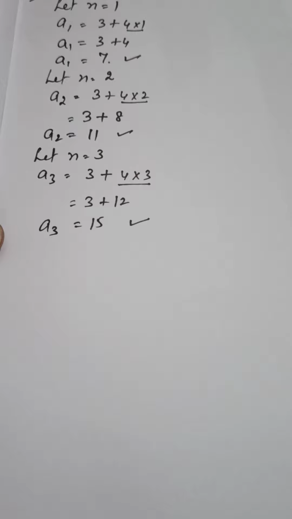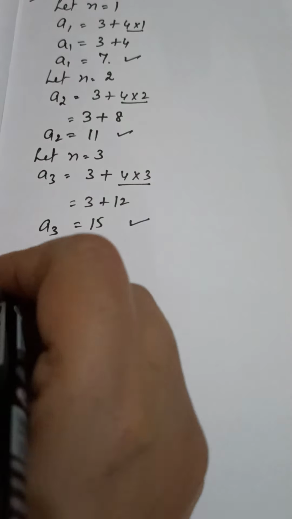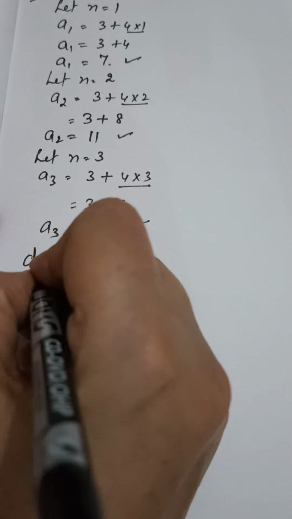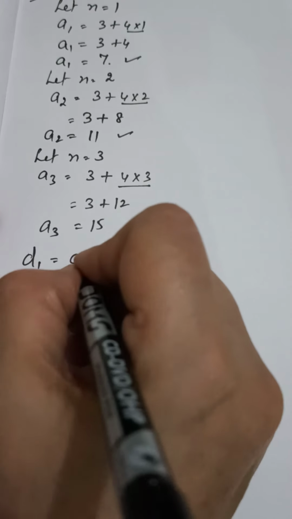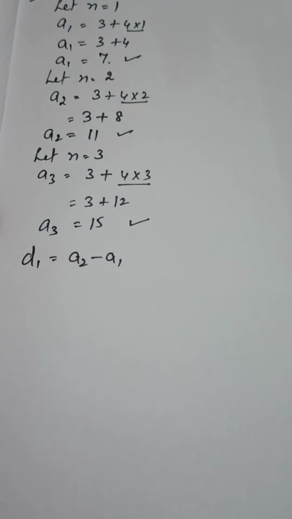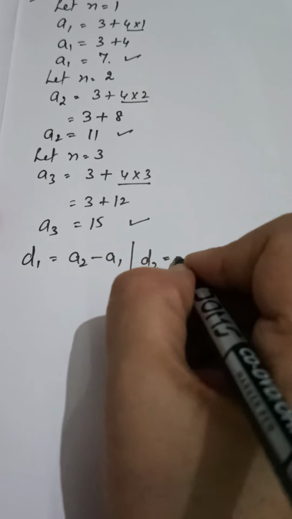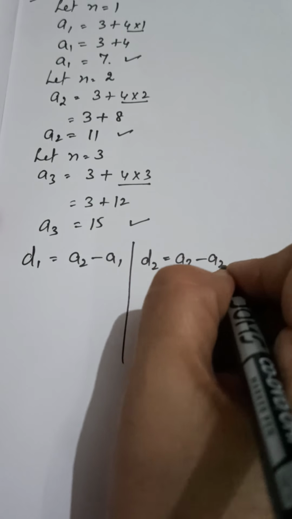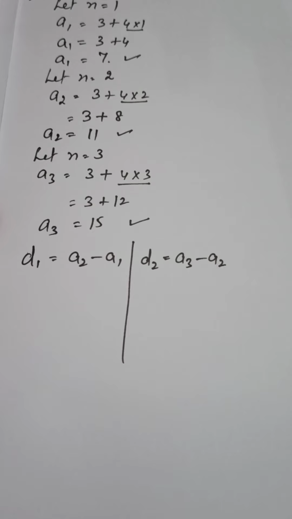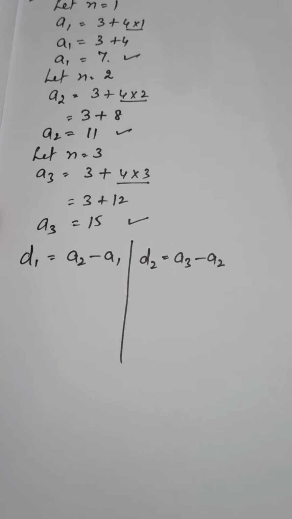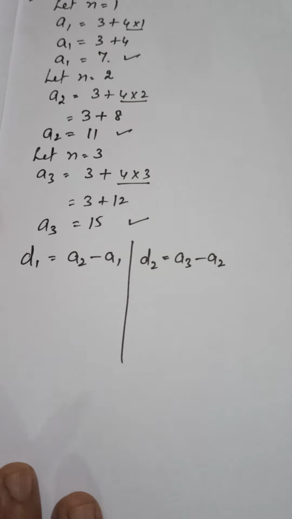Now we have to show it is an AP. So we will find D1. D1 is equal to A2 minus A1. Similarly, we will find D2, A3 minus A2. Because we have to prove that it is an AP. It is not given that it is an AP, we have to prove it. To prove it, we need two differences.